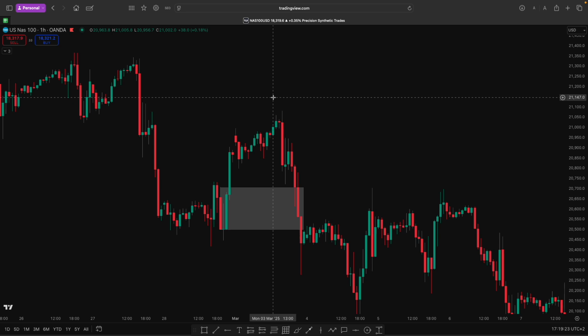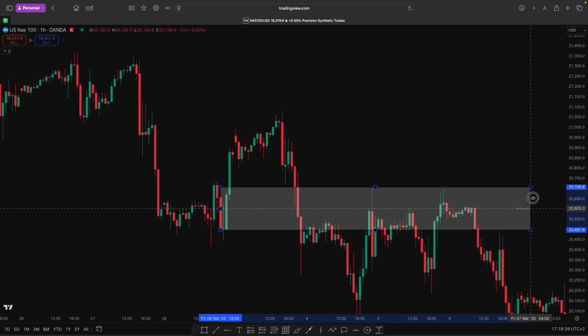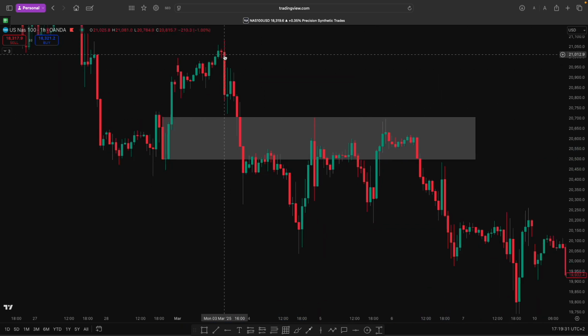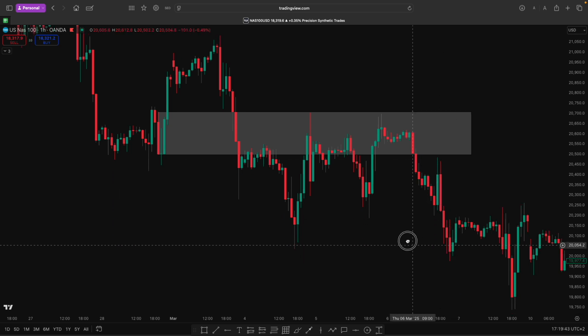Price went up. Price did not respect this order block. It broke through. And if you extend it, you can clearly see price break through this order block. And this becomes like a type of support and resistance zone. So price breaks through, retests, and it comes back down.